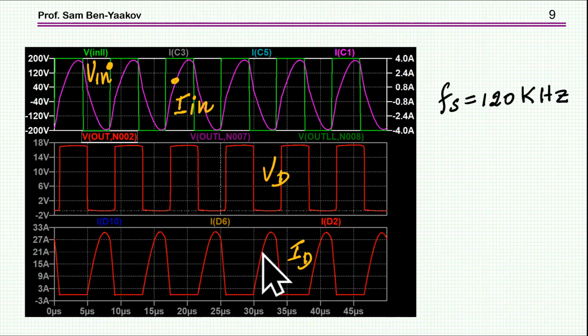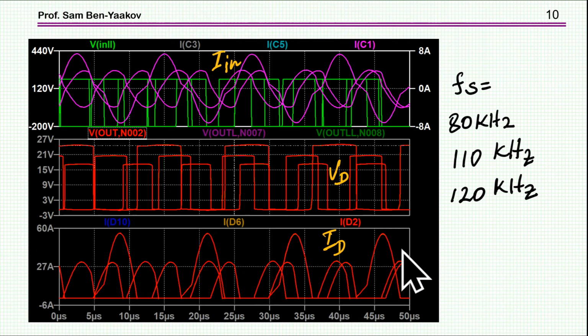Okay. Now, I did some step analysis, stepping the frequency between 80 kilohertz, 110 and 120, three frequencies. Again, the green is the input voltage, which is the same, of course, the same excitation.